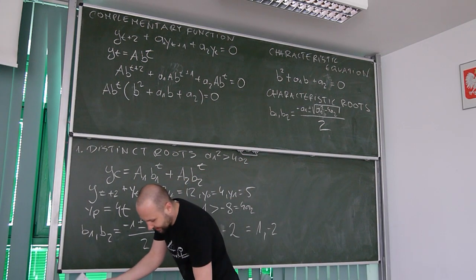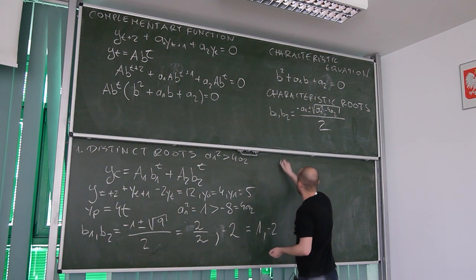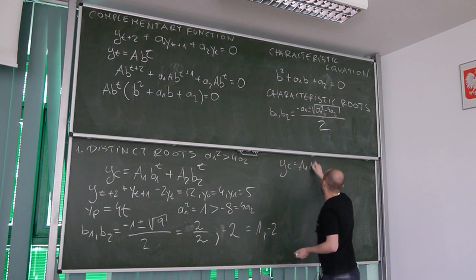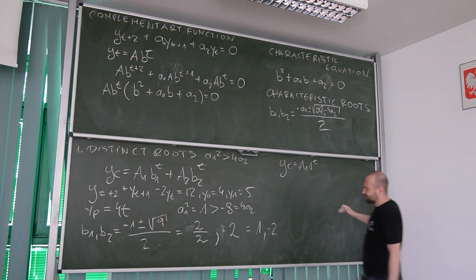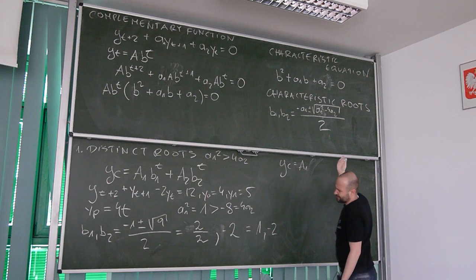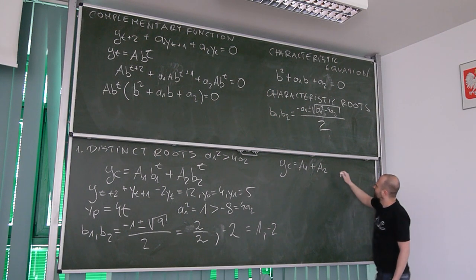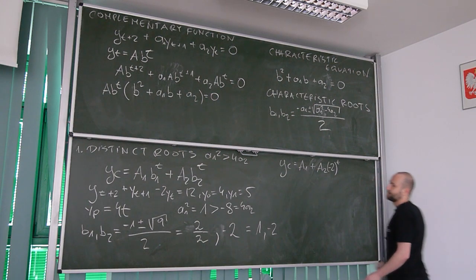Okay, so basically, in this case, the complementary function is given as a1 times 1 to the power of t, but 1 to the power of t is simply 1, right? So let's keep it like this, plus a2 times negative 2 to the power of t, and that's it.